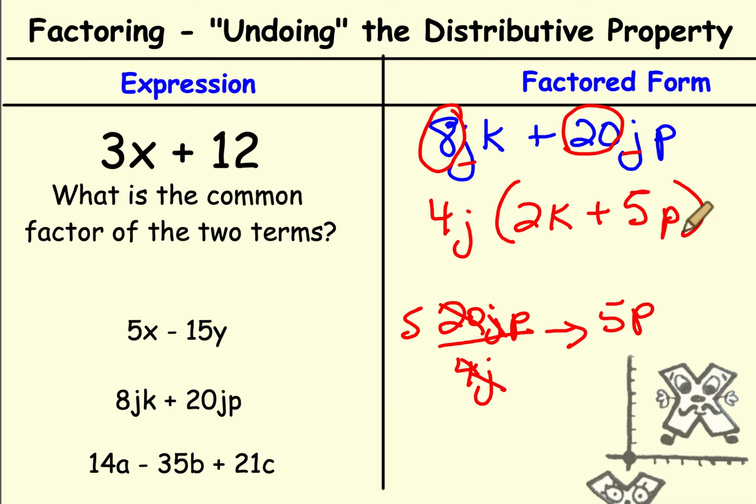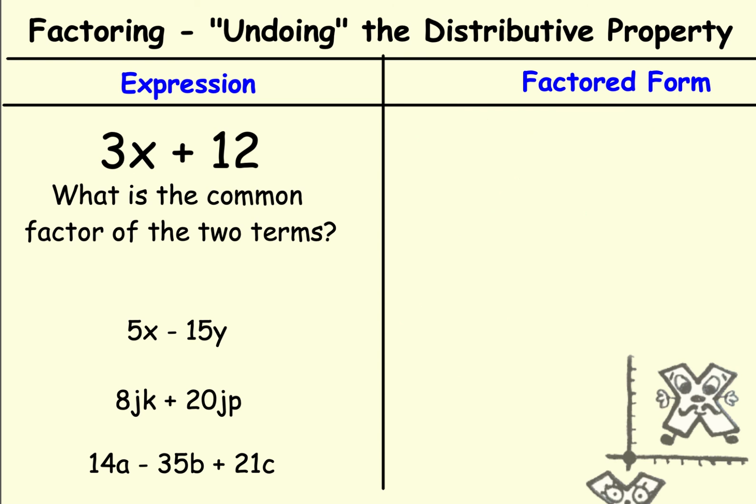So the factored form, or the undistributed form, would be 4 times j times the sum of 2 times k plus 5 times p.